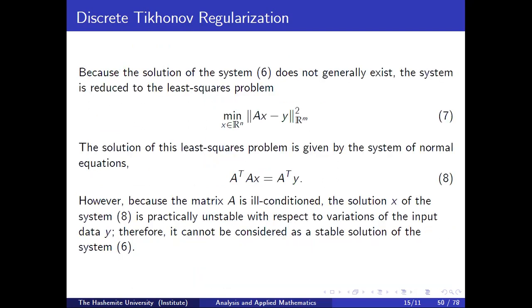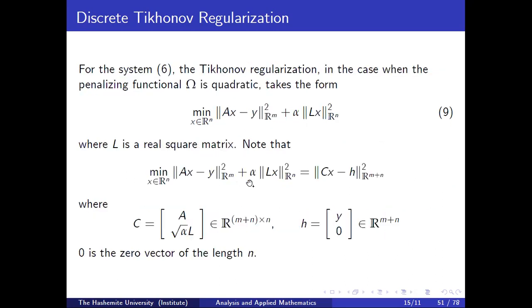So if we use the idea of Tikhonov, we have to minimize this problem. If we minimize this problem using the least squares technique, for example, we will get the normal equations: A transpose AX equals A transpose Y. And because A is ill-conditioned, it's not easy to find the solution X by using the inversion.